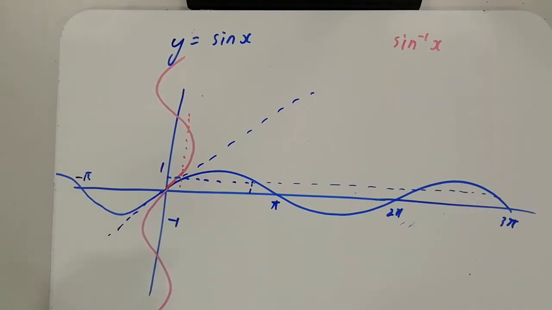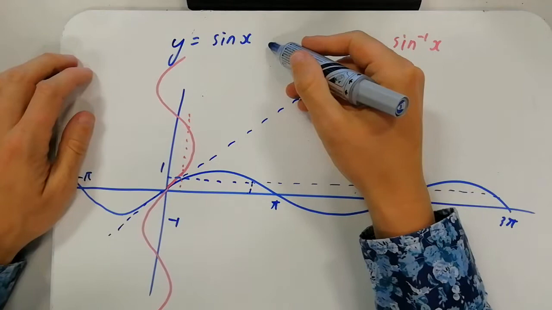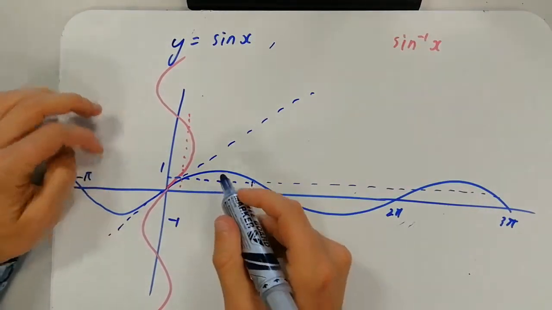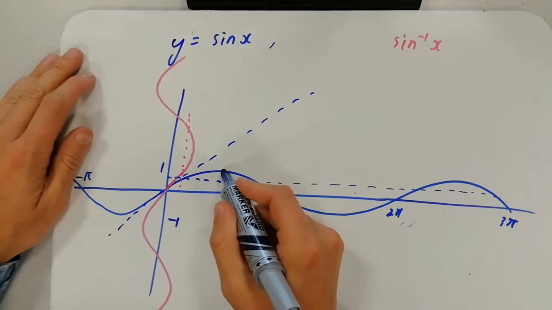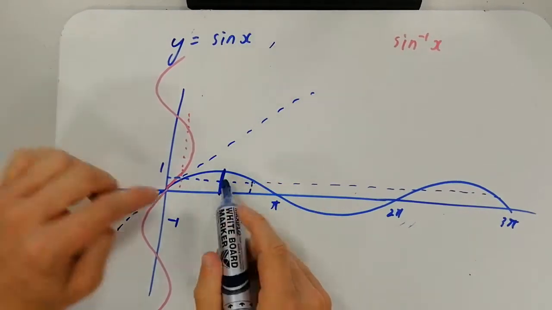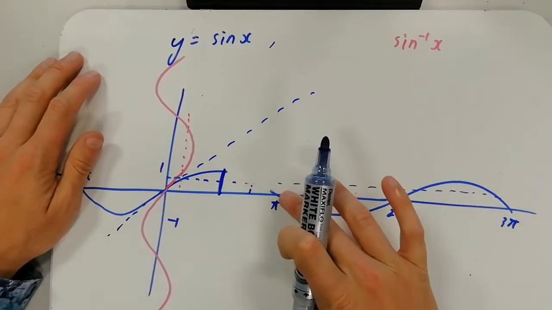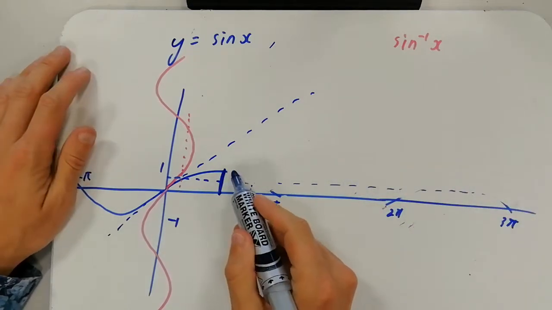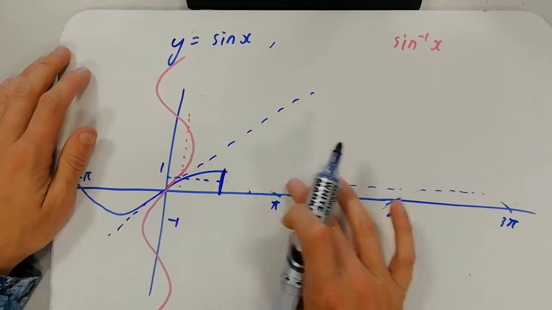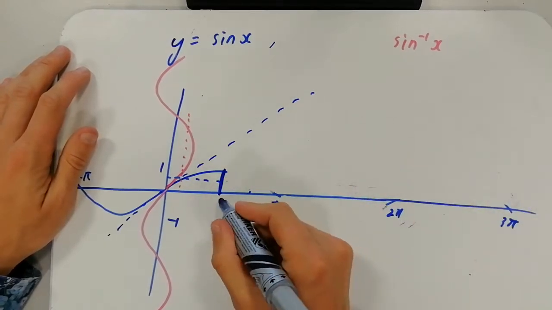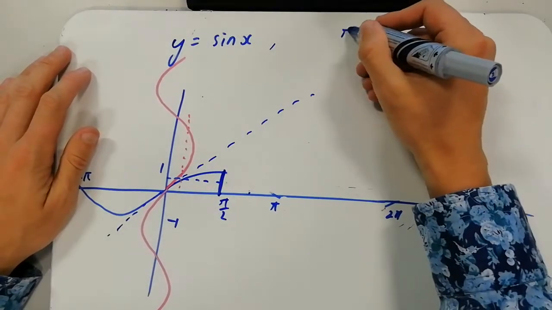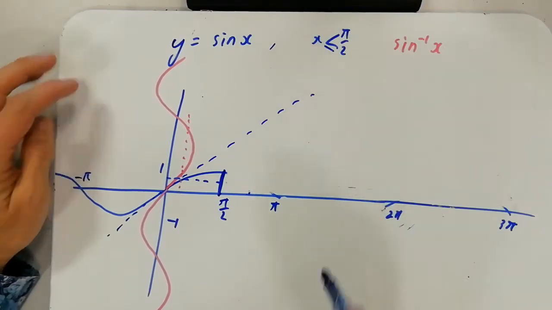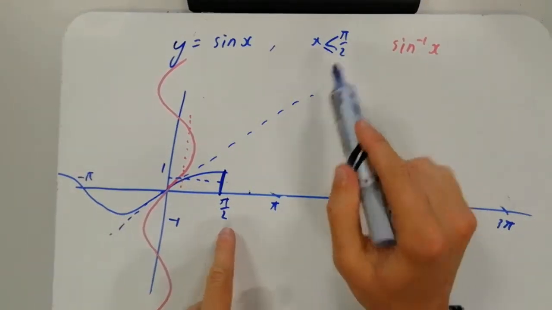What we can do though is restrict down the domain of sine x. If we look for where we'd get unique values, we want to include all the values. If we stopped our graph there, we would get rid of all of this repetition. I don't want to have two possible values, so I just stop my graph at pi over 2. I'm going to allow pi over 2 because I do want 1.